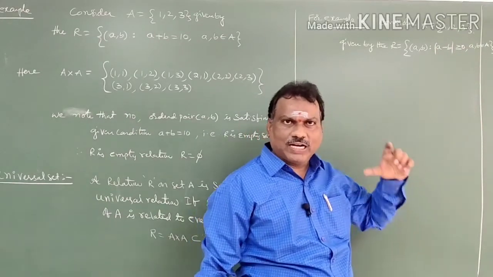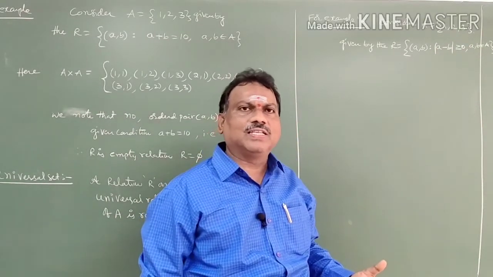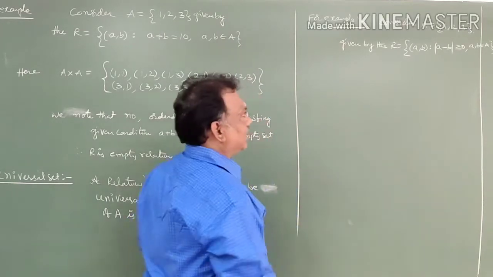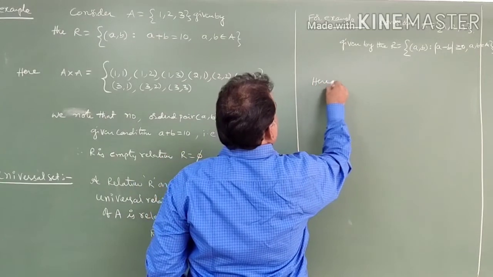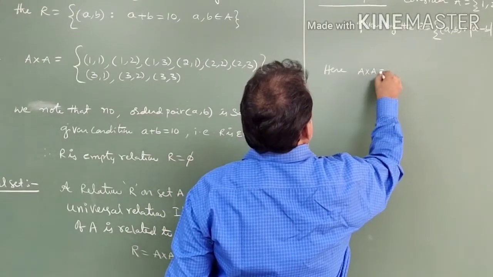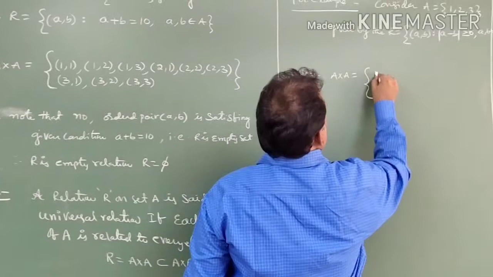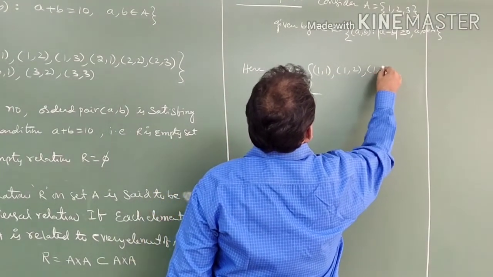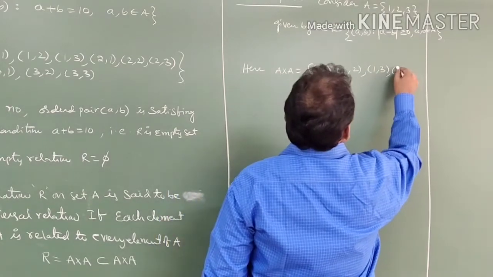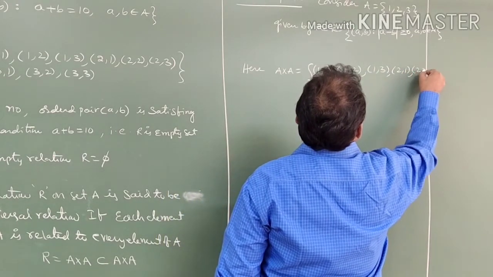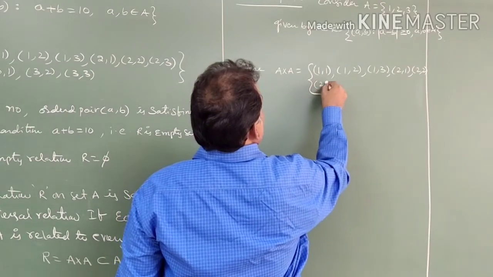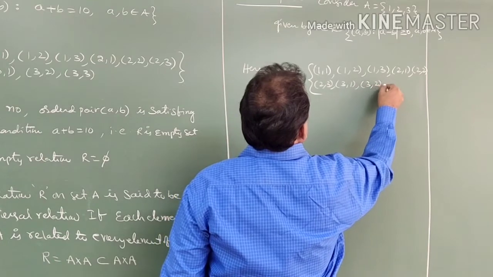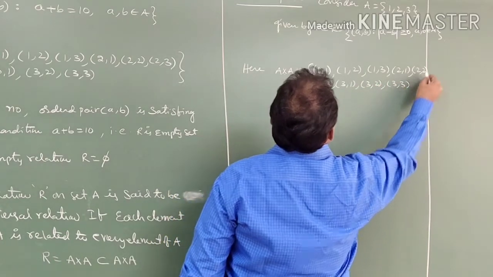Before going to that condition, first you always have to write what the possible cases from A to A are, that means the Cartesian product. So A cross A equal to the total possibilities: ordered pairs (1,1), (1,2), (1,3), (2,1), (2,2), (2,3), (3,1), (3,2), (3,3).